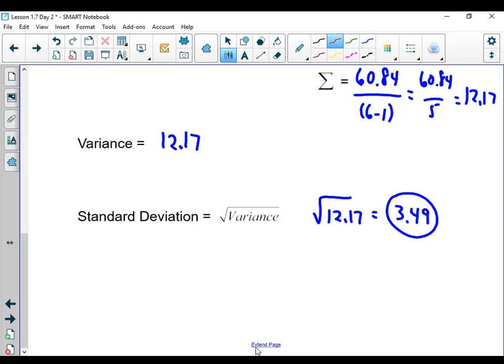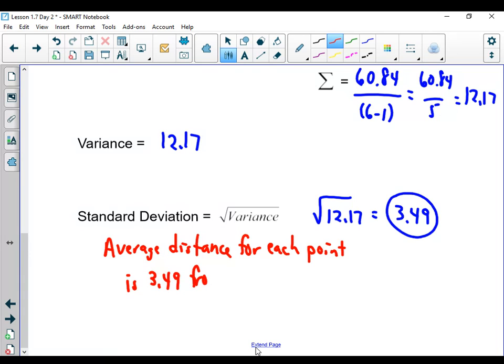So we would say in this case, since the standard deviation is 3.49, the average distance from each point is 3.49 from the mean. Now, maybe 3.49 above, maybe 3.49 below, but on average, it's around 3.49 away from the mean.